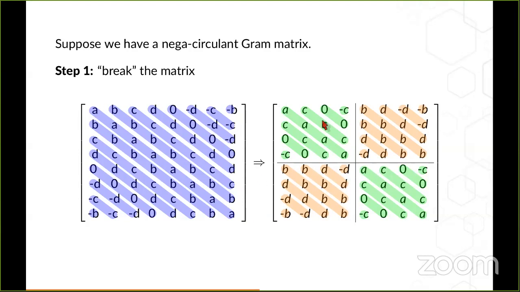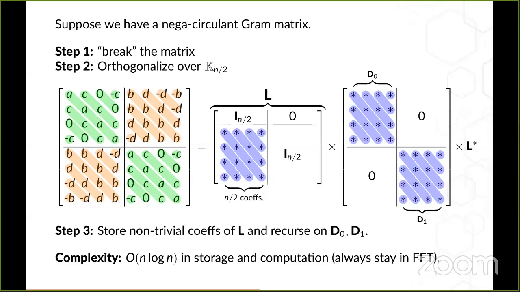We'll break this matrix using the isomorphism that I showed in the previous slide. Then once we have this broken matrix, we are going to orthogonalize it over K_{n/2}. So we'll compute its LDL decomposition. And here we have the matrix L, the diagonal matrix D, and L star.